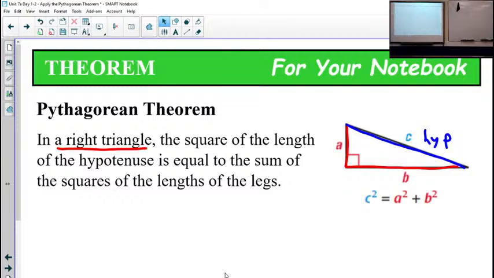Now what the converse does, if you remember, the converse takes a statement and switches it around. So instead of if right triangle, then c squared equals a squared plus b squared, switch that. If c squared equals a squared plus b squared, then what kind of triangle? Right triangle.